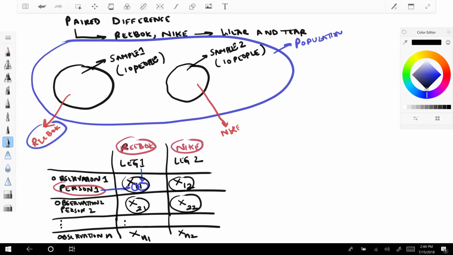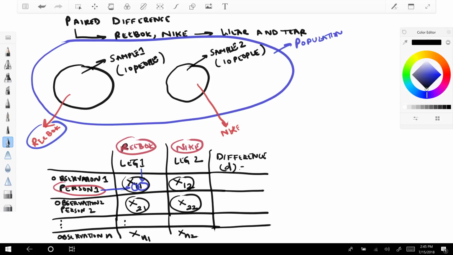So now we are trying to compare, so we are trying to find the difference between the wear and tear. So we are trying to compare Reebok and Nike, so that's the difference in the wear and tear, which is represented by small d.